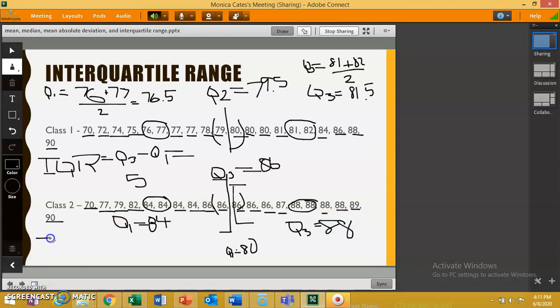So that means my IQR for class 2 is Q3 minus Q1, which is 88 minus 84, which is 4. All right, so now let's talk about what everything means.